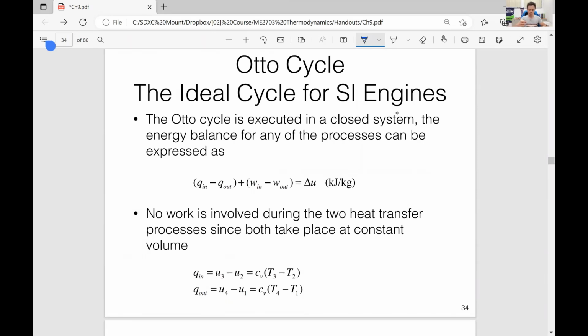analysis. So first, the Otto cycle is executed in a closed system. The Otto cycle is executed in a piston-cylinder device, so it's a closed system. The energy balance for any of the processes can be expressed by this equation. We know the energy balance is E in minus E out equals delta E system, right?